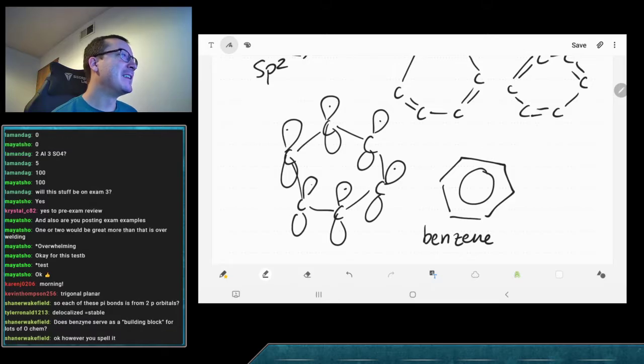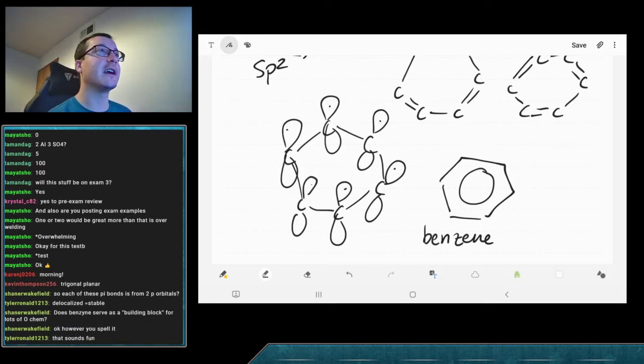Yeah. You will see in OChem 2, you will have a chapter on electrophilic aromatic substitution and nucleophilic aromatic substitution, which deals with all the crazy stuff benzene will do in certain situations. So you will see it as a very important building block for a lot of compounds. And if you look at, let's say, some drugs, let's look at what's a nice drug? What do we like?